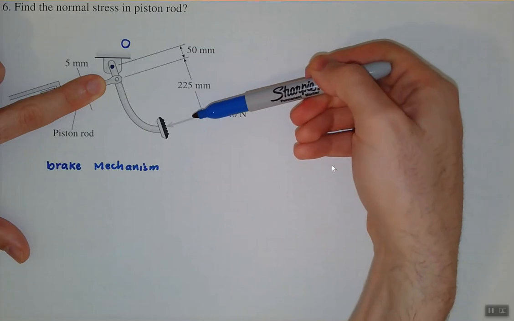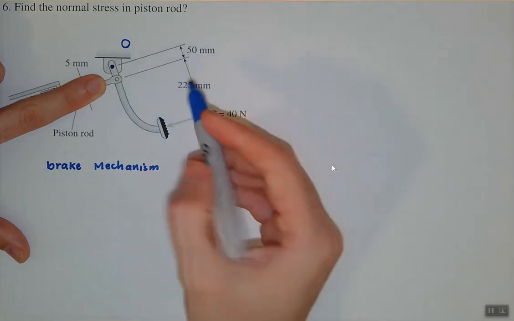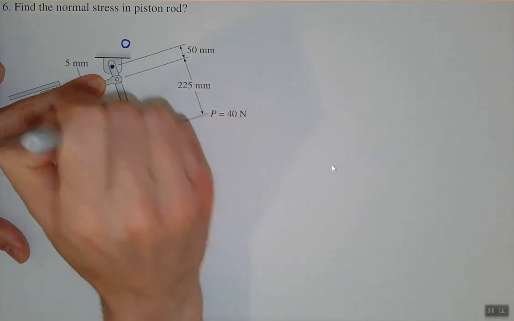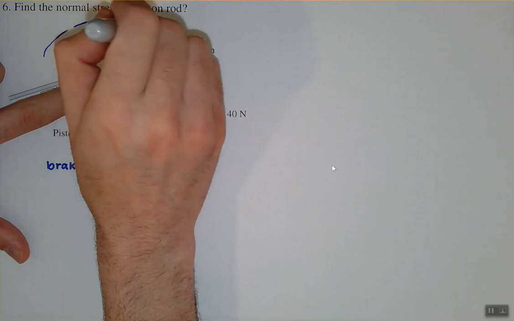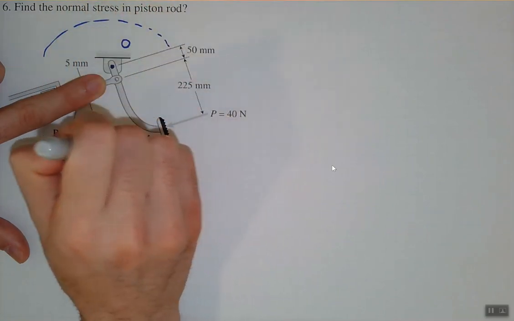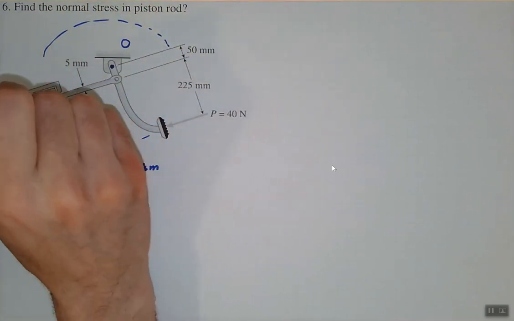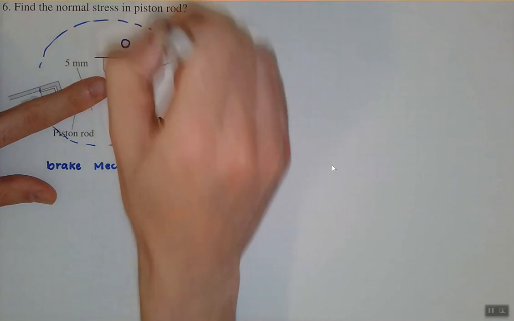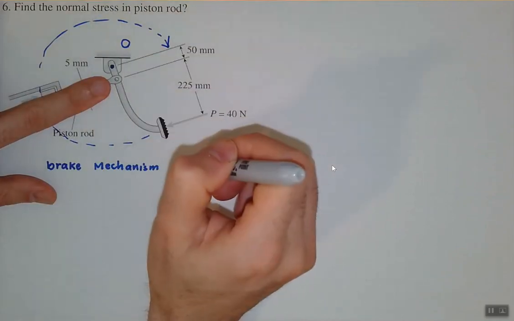So if I apply this load and there is no rod, you can imagine this big load, 40 Newton, can rotate everything like that, and the whole thing starts swinging if I don't have the rod, right?